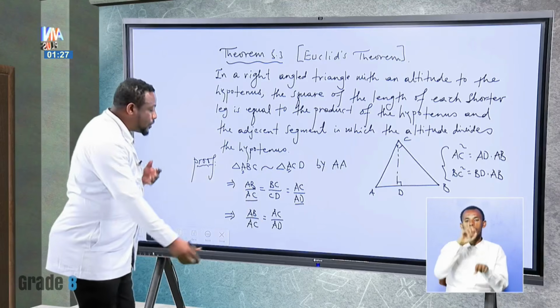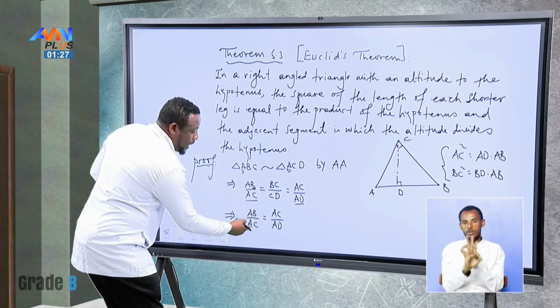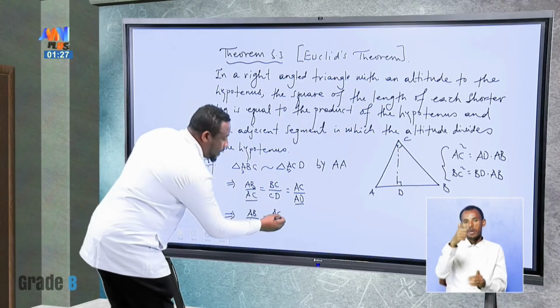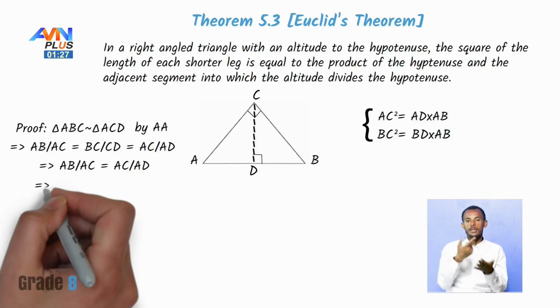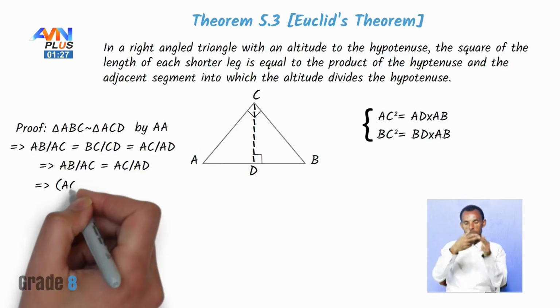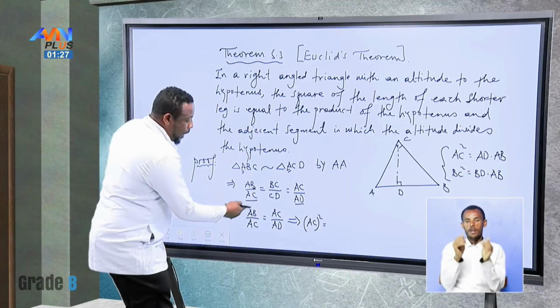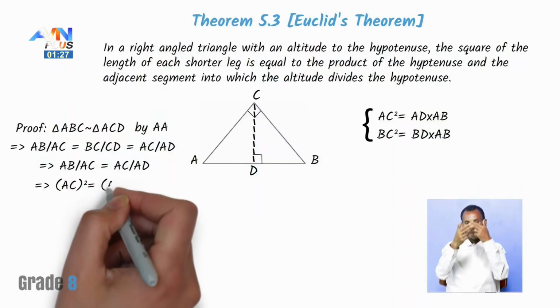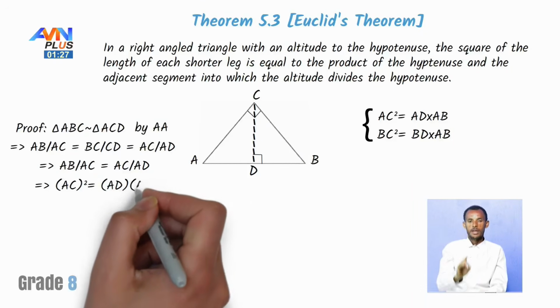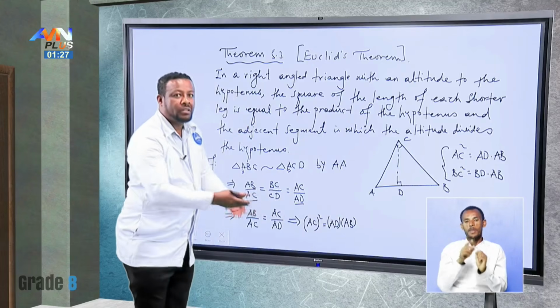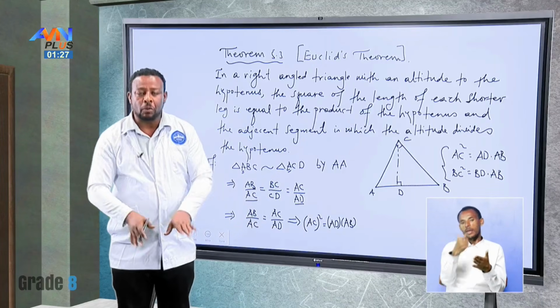AC times AC is the same as AB times AD. So AC times AC is AC squared, which is equal to AB times AD, or AD times AB. Multiplication is commutative, so you can write it in any order.